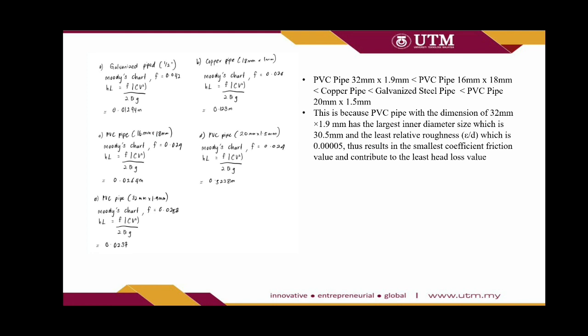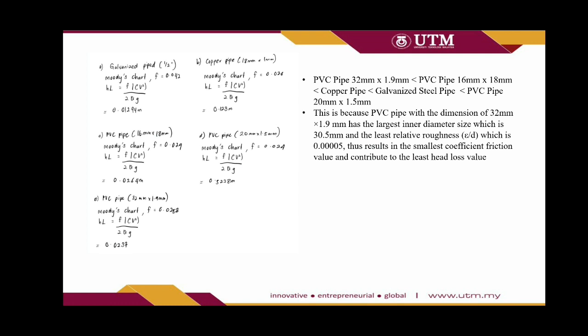The second is the PVC pipe 16 millimeter times 18 millimeter. The third is the copper pipe. The fourth is the galvanized steel pipe, and the biggest head loss is the PVC pipe 20 millimeter times 1.5 millimeter.